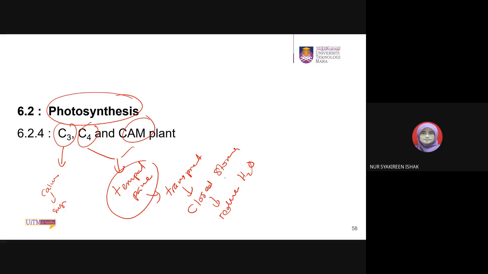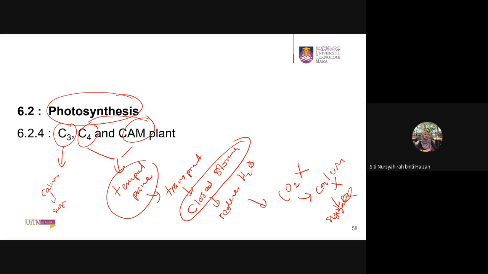But the consequence of closing stomata, carbon dioxide cannot enter into the leaf. When carbon dioxide cannot enter into leaf, Calvin cycle cannot occur. When cycle cannot occur, sugar cannot be produced. So, CAM and C4 plant.